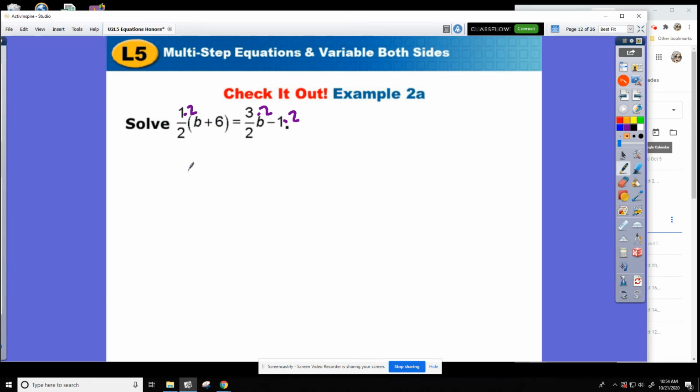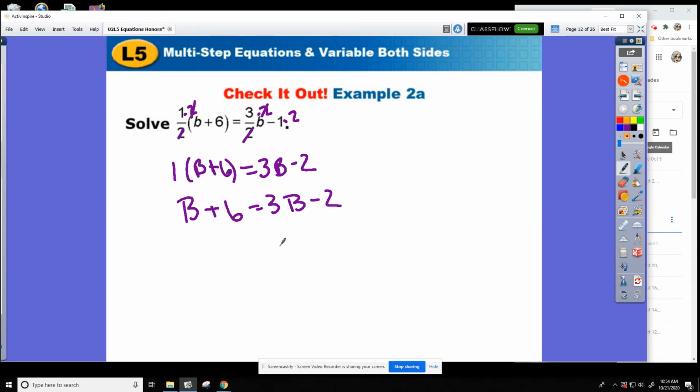So you only work with a fraction. So when I multiply by 2, that divides, and I just get 1 and b plus 6, which is just b plus 6. Here, the 2's cancel, and I get 3b. And here is negative 2. So on this side, I have b plus 6, and then 3b minus 2.